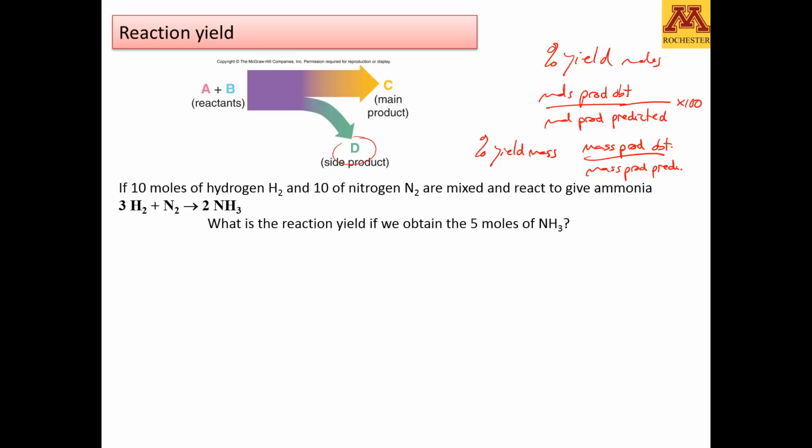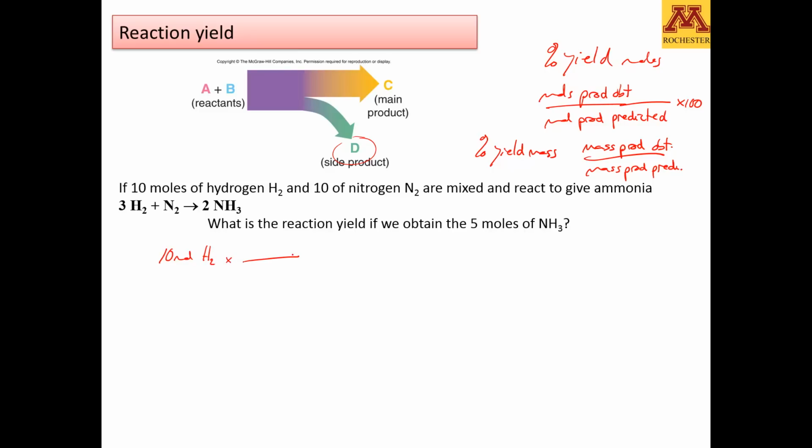First of all, the first step is to figure out which of these two is the limiting reagent. In the previous example, we saw that the limiting reagent was nitrogen. However, that is not always the case. The limiting reagent will depend on how much of each of the reactants we mix. So let's calculate: if I have 10 moles of hydrogen, how much ammonia can I make?